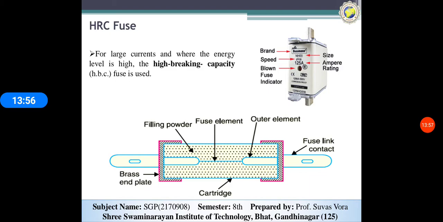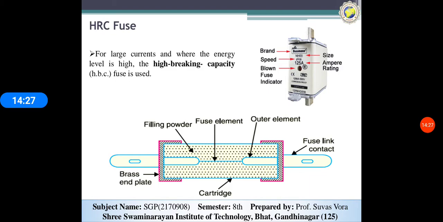The HRC fuse is applied when high rating capacity equipment is required. It is a cartridge type fuse, in which a silver fuse element is connected between the two end contacts, in a ceramic tube filled with special quartz powder.